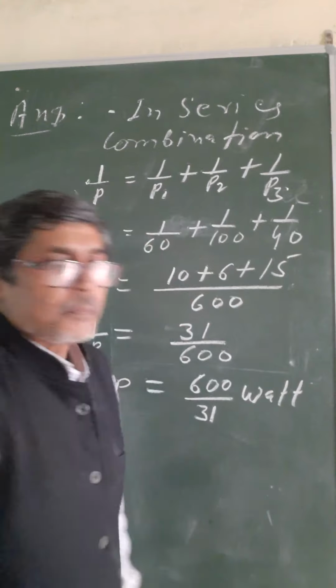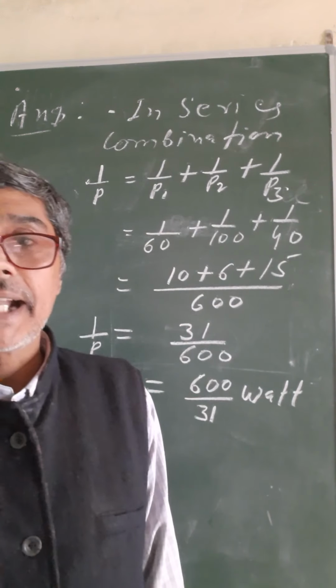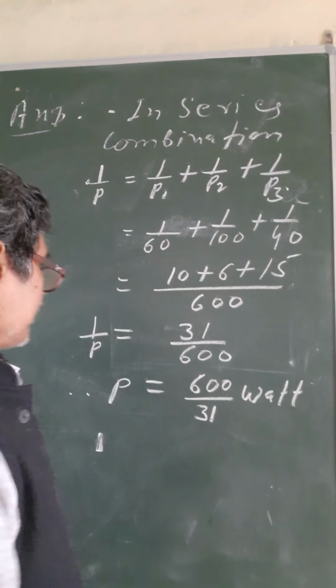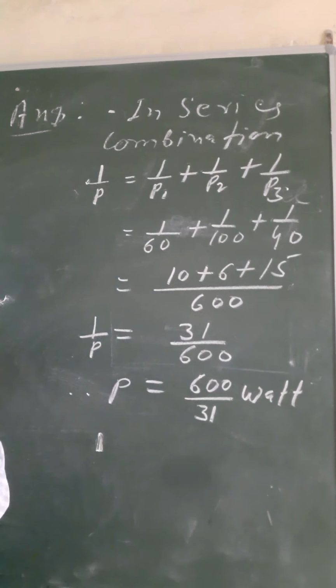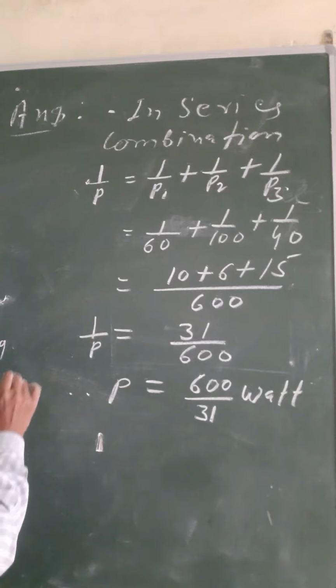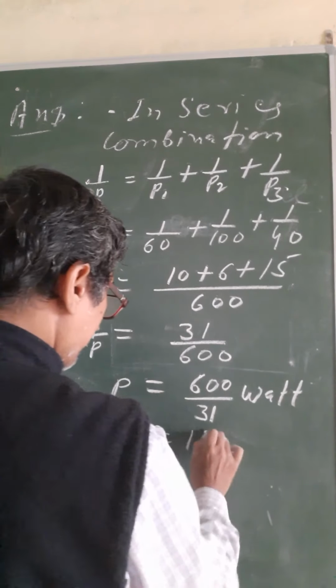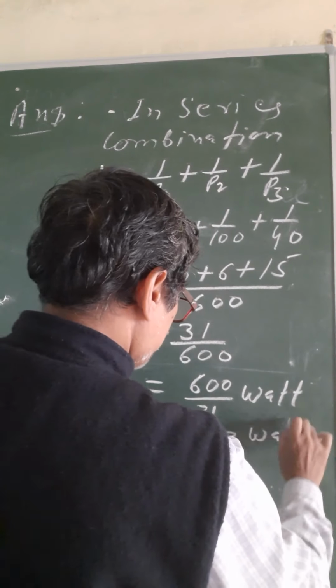So here the equivalent power will be equal to 600 by 31 watt, or if we divide, it will be equal to 19.3.